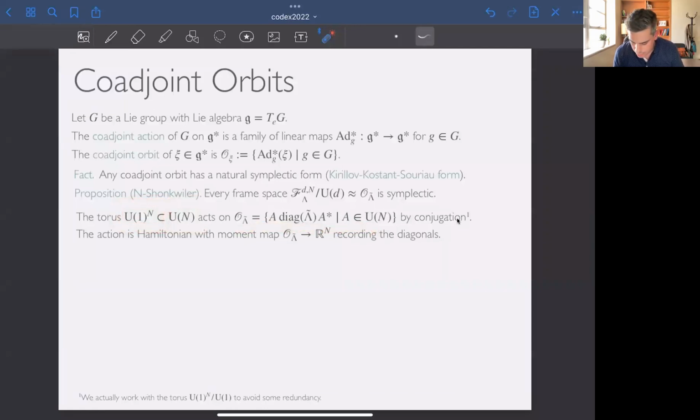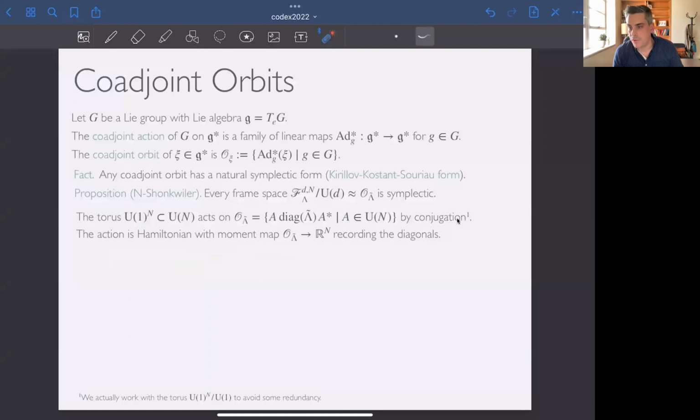I'm hiding a technical detail here, so read that if you want, but otherwise ignore it. I have this torus action on this coadjoint orbit, which is diffeomorphic to the frame space that I care about. Lie group actions sometimes interact nicely with symplectic structures, and in fact, this torus action is Hamiltonian.